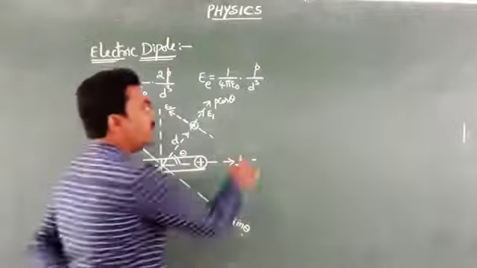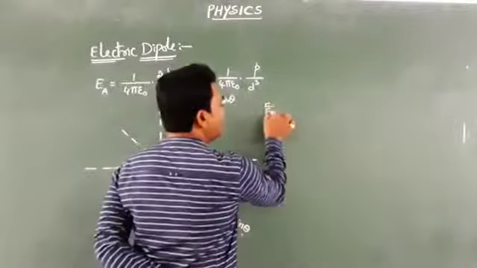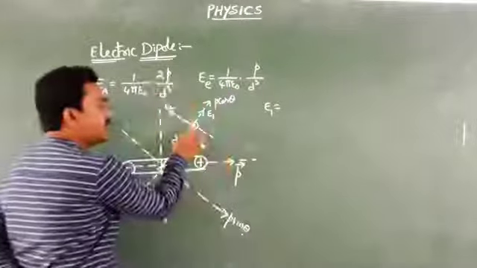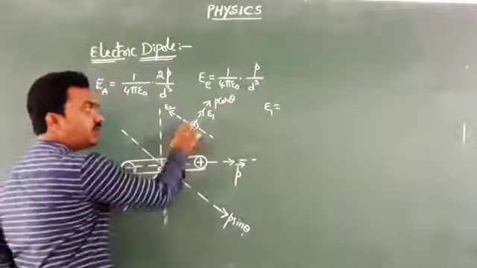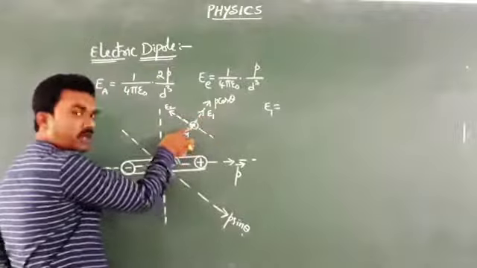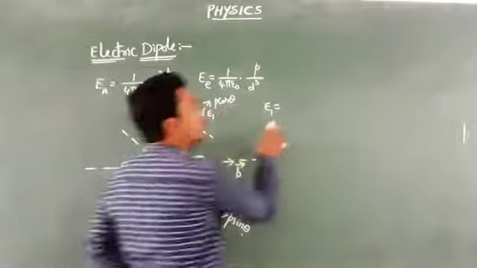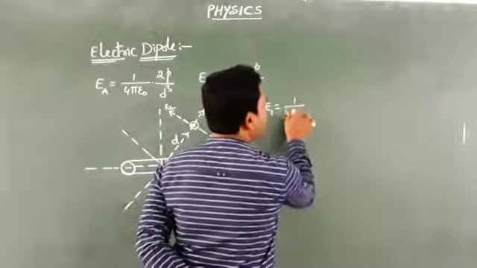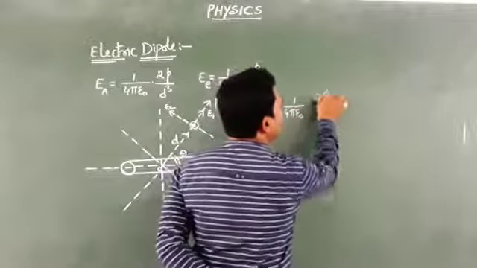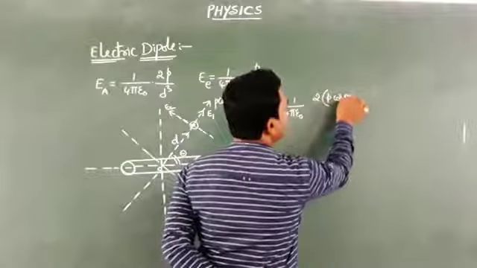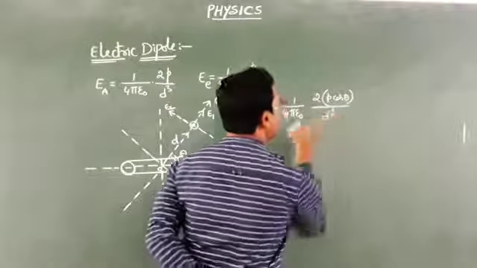Now what is E1? Very simply, E1 is the electric field intensity at that point due to the dipole of moment p cos theta, and the point falls on its axis at a distance d from the center. Then it is 1 by 4 pi epsilon naught into 2 p cos theta by d cube.